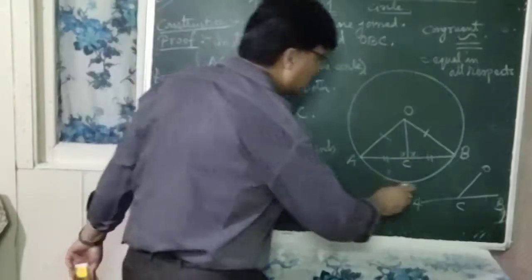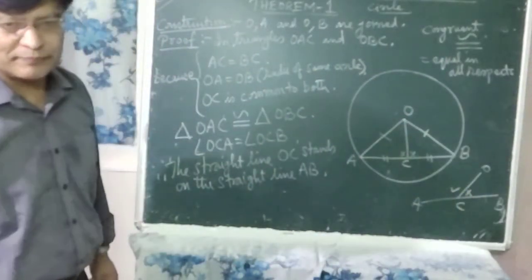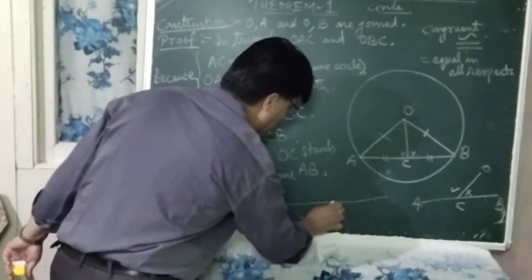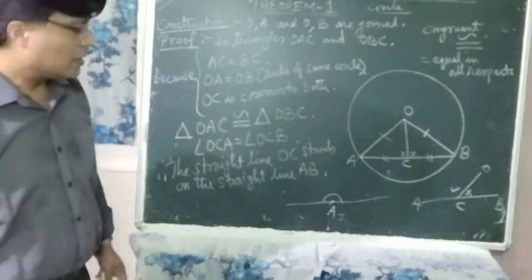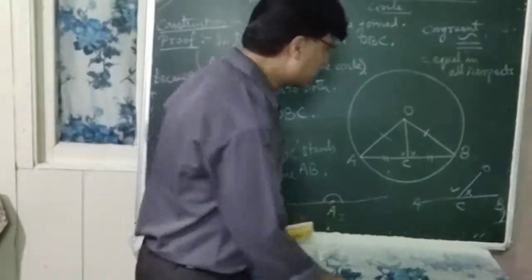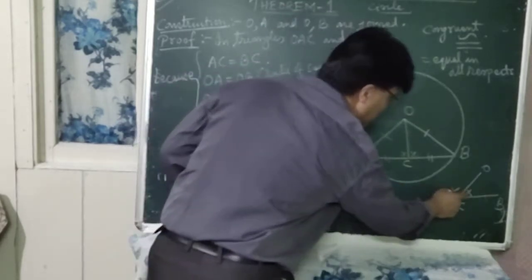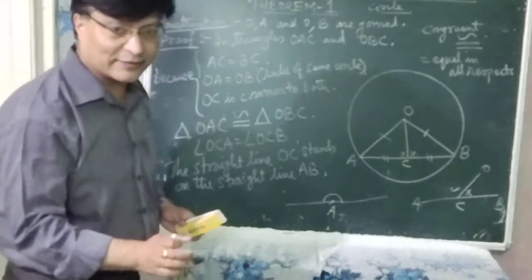And you know that sum of these two angles must be equal to 180 degree. You know that there is a straight line and this one point. If there is a straight line, what is its straight angle? 180 degree. You know that sum of these two angles, that is angle OCB plus angle OCA is equal to 180 degree.